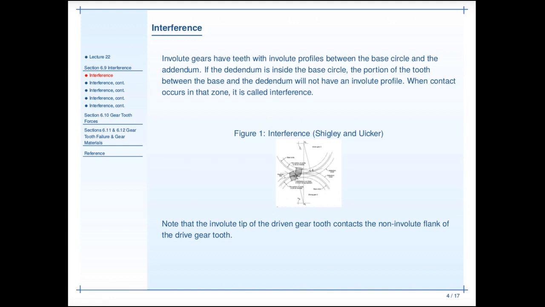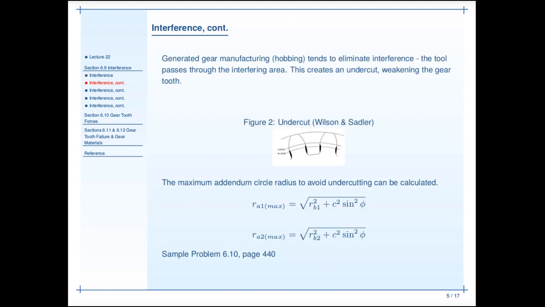Any areas of the tooth outside of the line from the base circle up to the addendum will not have an involute profile. Sometimes, depending upon the gears, you may have contact occurring in that zone, and if you do, it's called interference.